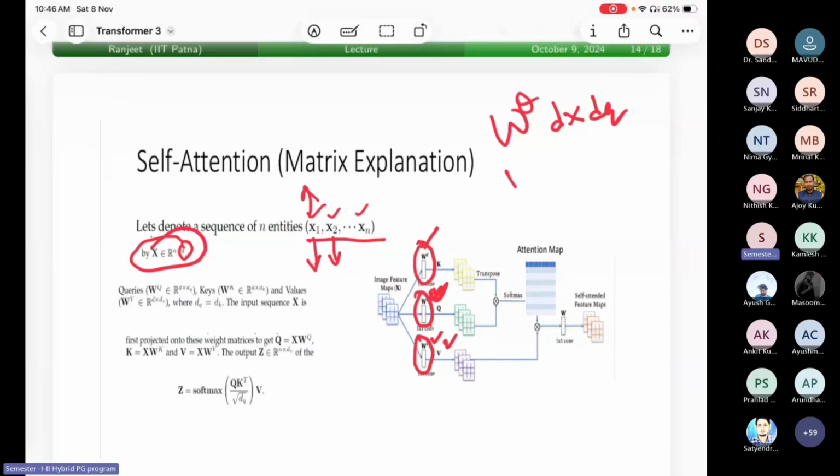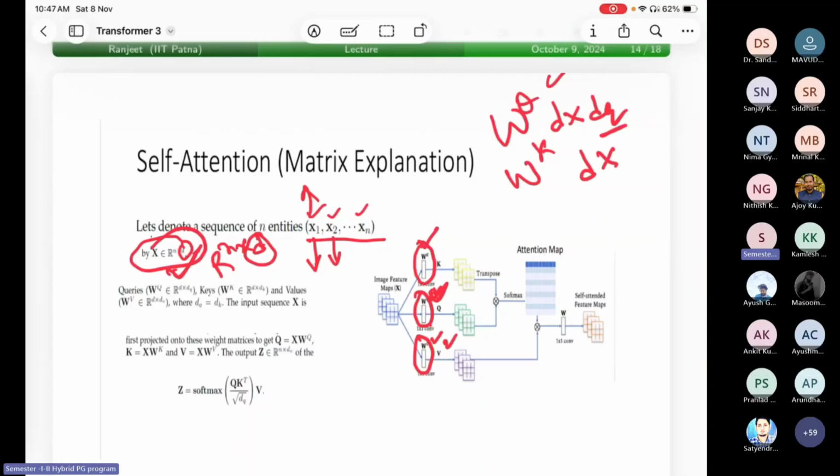And for WK, because every time your input vector is the same, n into d, where d is the size of every word, we are going to apply this fully connected layer to every word separately. So the input size is d, and we go to some other size.